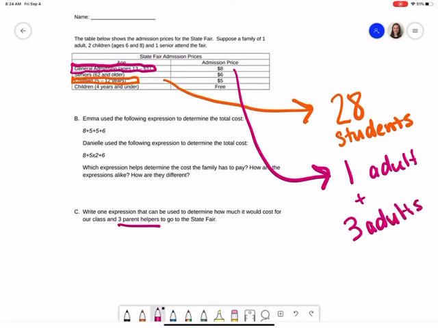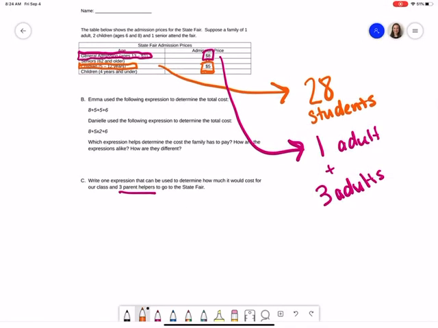Okay, so what do you think you would do? And this one is down here. Okay. How would we set this up? Okay, hopefully you said something like, I know that there are 28 students.